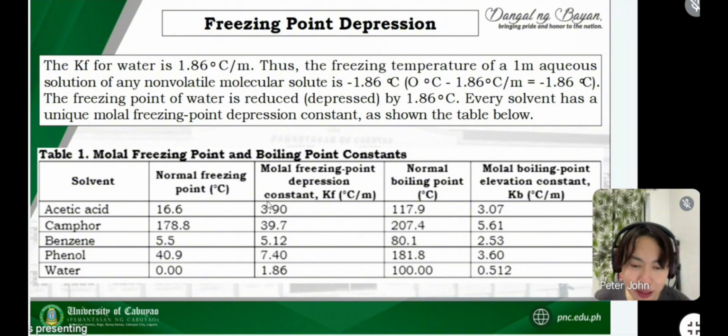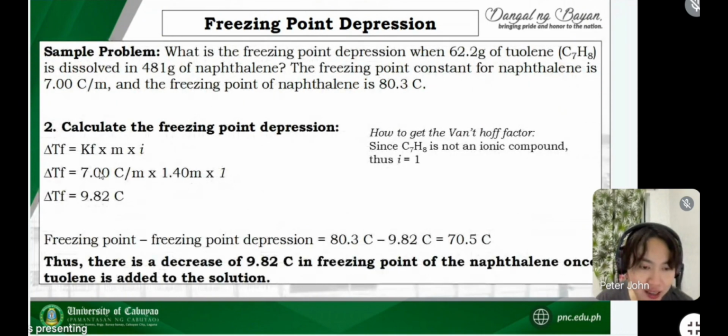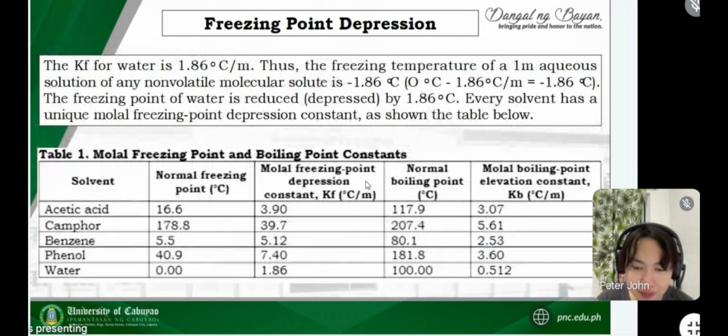So, ang nangyari dito is, ito yung sinasubstitute natin. Lagi here, dito sa Kf factor, this one is constant. Then, the normal boiling point, kinombine lang dito sa problem. Kanina, yung concept, nag-a-align yung concept nila.